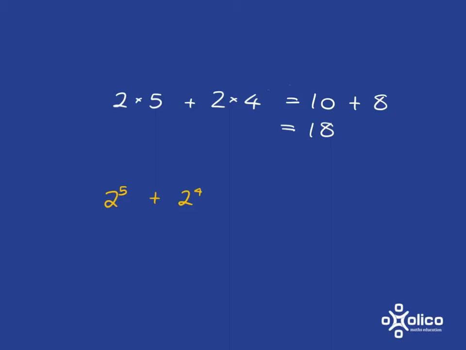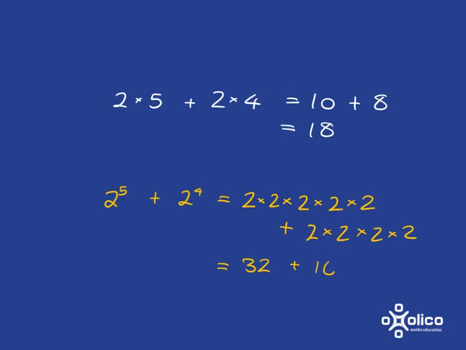That means that I have got 2 times 2 times 2 times 2 times 2. And then I add to it 2 to the power of 4. That's 2 times 2 times 2 times 2. So 2 to the power of 5 is 32, and 2 to the power of 4 is 16. So what I have here is 16 plus 32, which is 48.